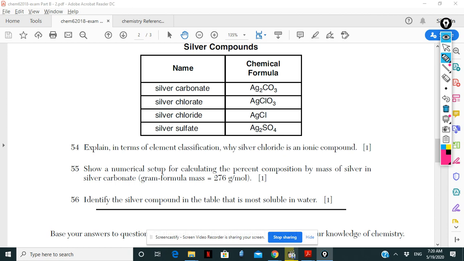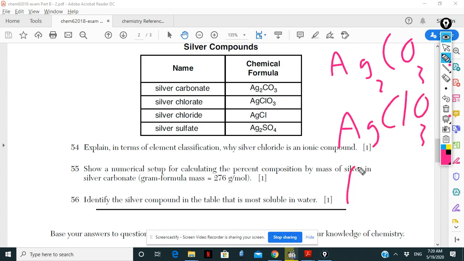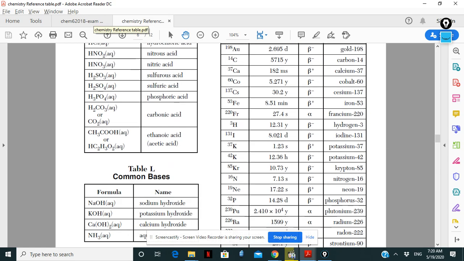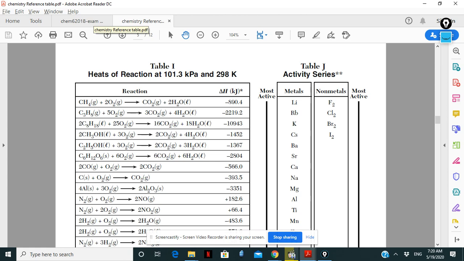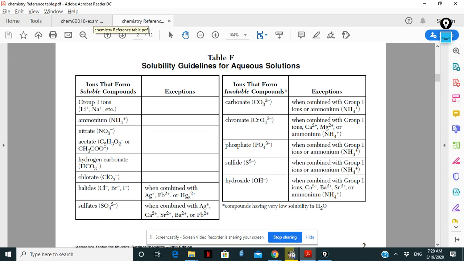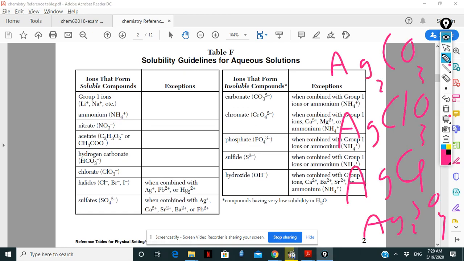Now identify which silver compound in the table is most soluble in water. We have Ag2CO3, AgClO3, AgCl, and Ag2SO4. I go to the solubility table. CO3 is a carbonate; when combined with a group 1 ion, it's soluble, but the exception is silver, so it's insoluble.